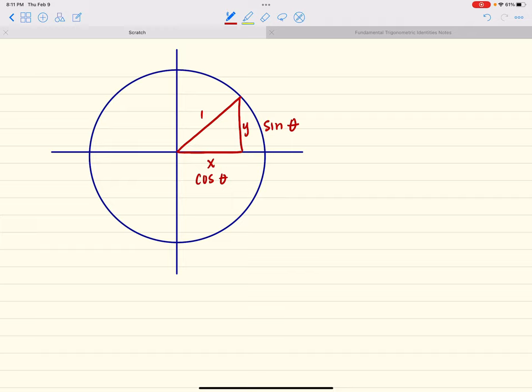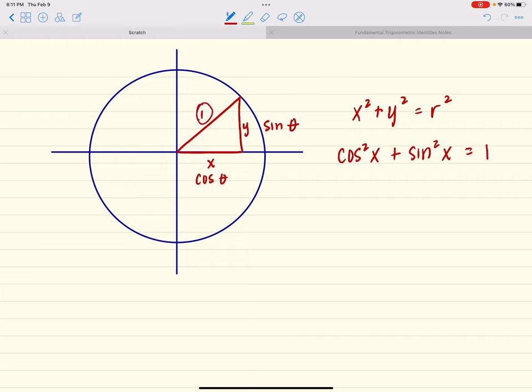We can also see how we have a right triangle formed in here, so not only could we say that x squared plus y squared was equal to r squared, remember we said that before, but here, instead of x, we could say the cosine of the angle, and instead of y, the sine of our angle, and the radius in the unit circle is 1.